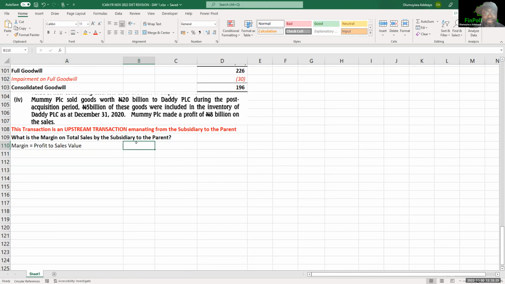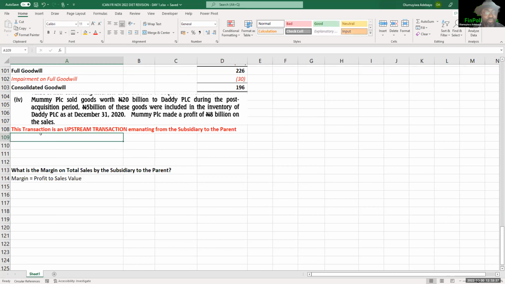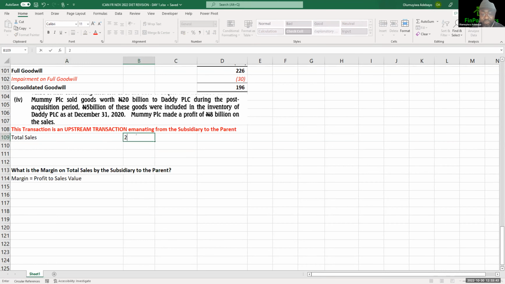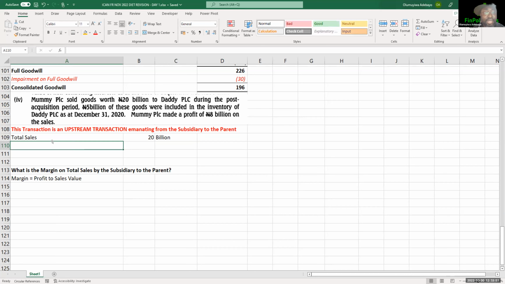If that is the case, let me bring out the information here first. Total sales is 20 billion. Total profit on sales is 8 billion.